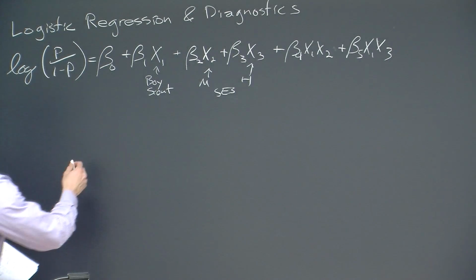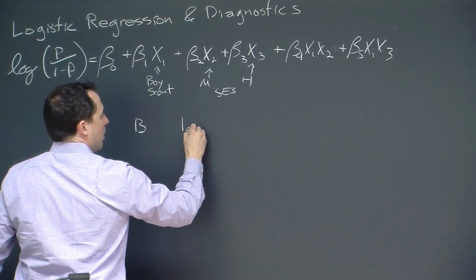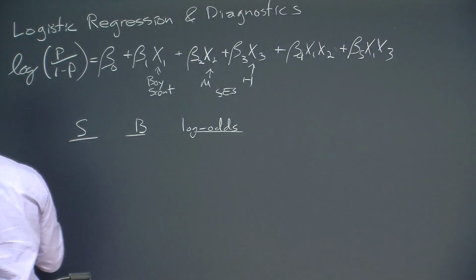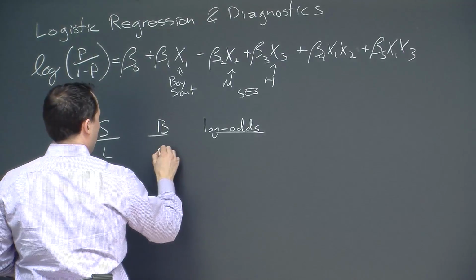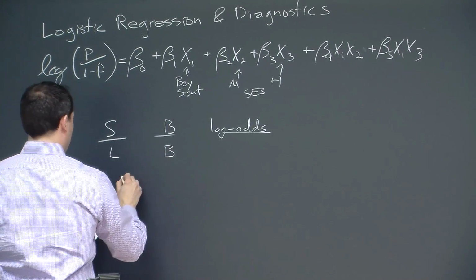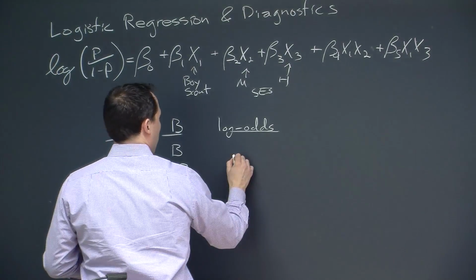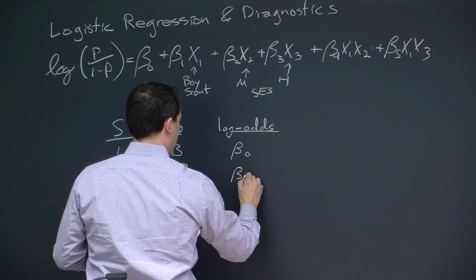And just let's write down this table to emphasize the kind of linearity that's happening here. So we have low, Boy Scout, low not Boy Scout, low Boy Scout. The log odds are beta not. So there's always a beta not.